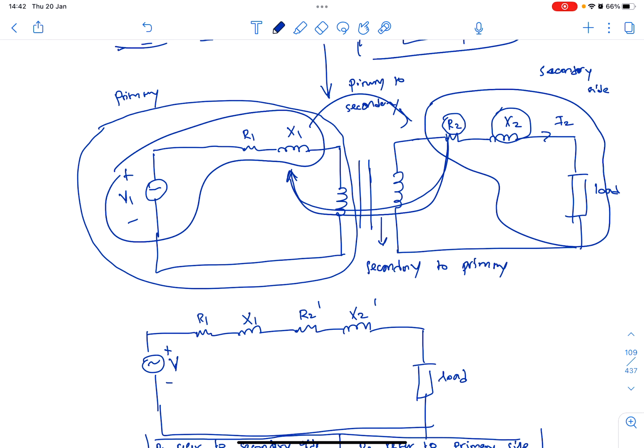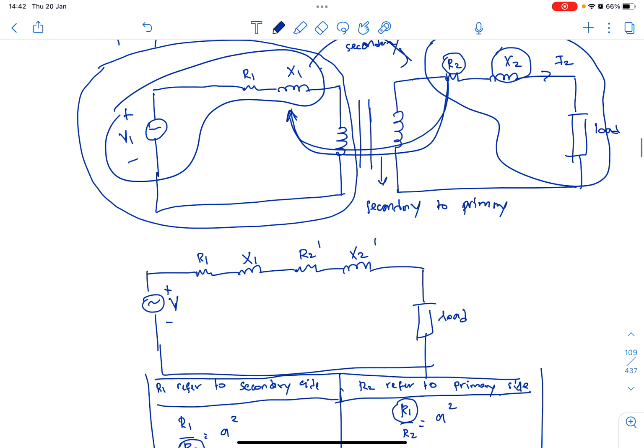So there are rules you have to follow if you want to transfer these components from primary to secondary ataupun secondary to primary. So what kind of circuit diagram do you expect to see if you transfer the components?